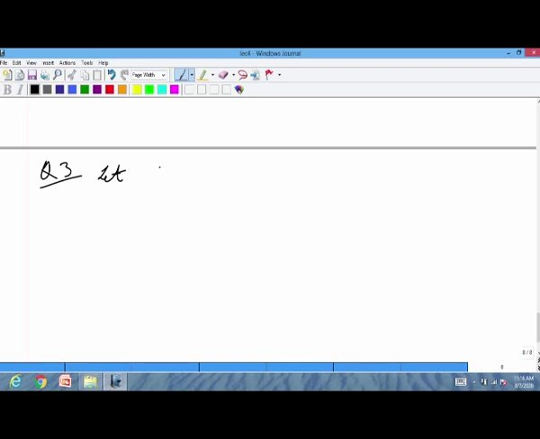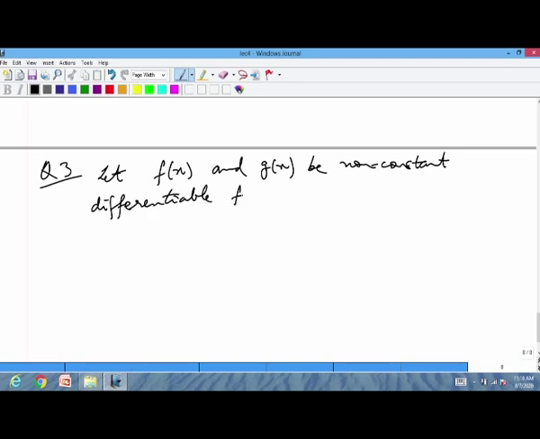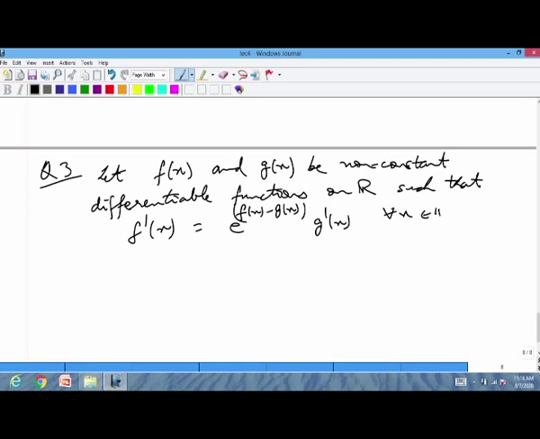Let f(x) and g(x) be non-constant differentiable functions on R such that f prime of x is equal to e to the power f(x) minus g(x) times g prime x for all x in R, and f of 1 equal to g of 2 equal to 1.